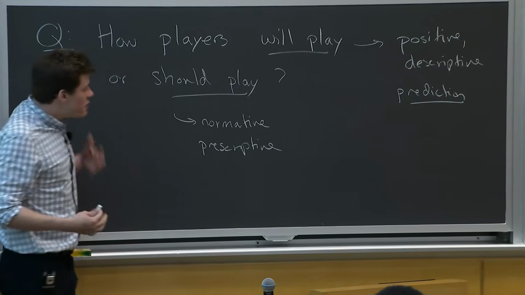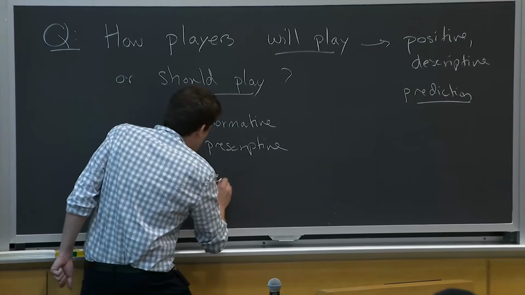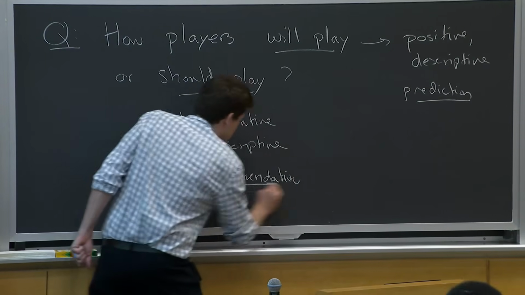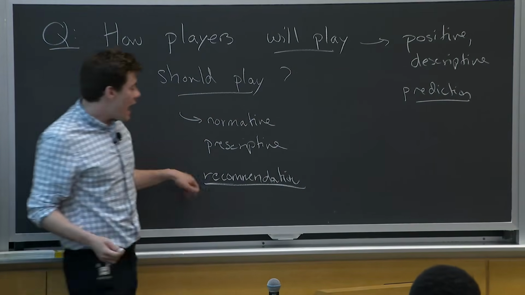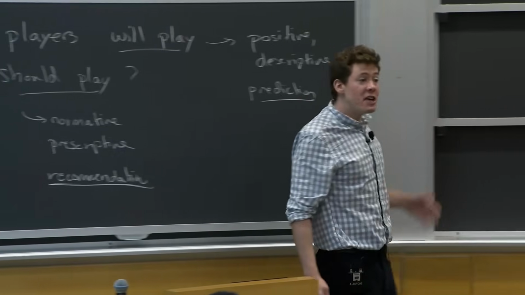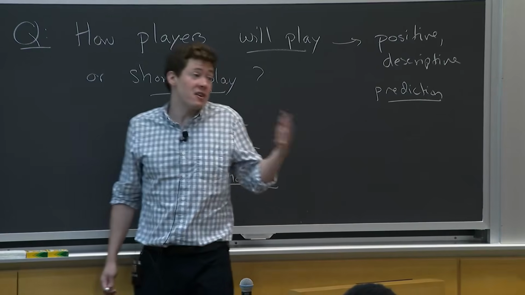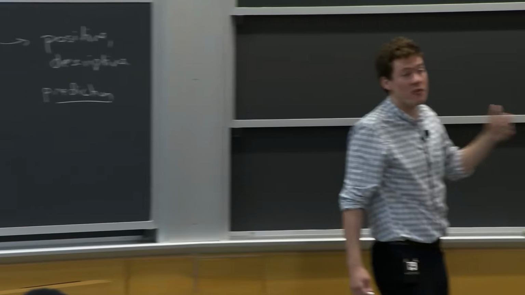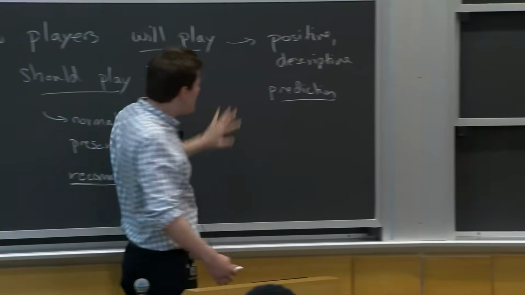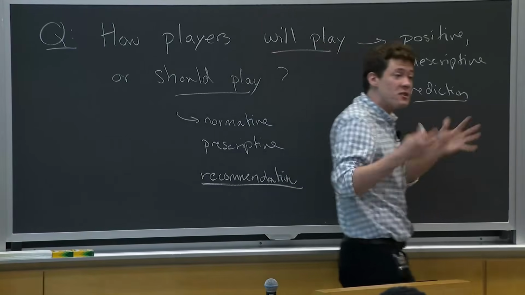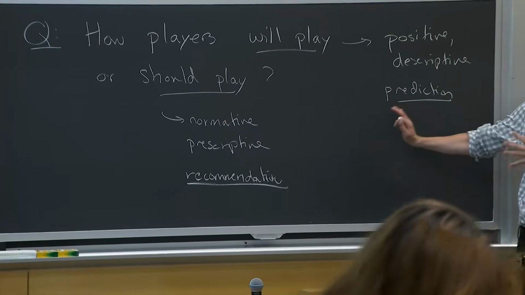And the goal of our analysis is to provide a recommendation for how players should play if they want to achieve their objectives and they recognize that other players are rational as well and maybe also are getting advice from game theorists or from other informed parties about how they should play in the game. But I just want you to keep this in mind in the background throughout the course. When you're formally asked to solve for an equilibrium or to analyze a game, your answer won't really depend on your particular interpretation in that context.